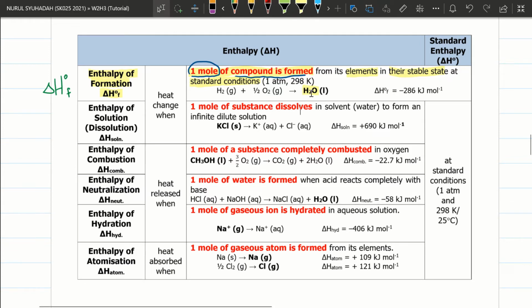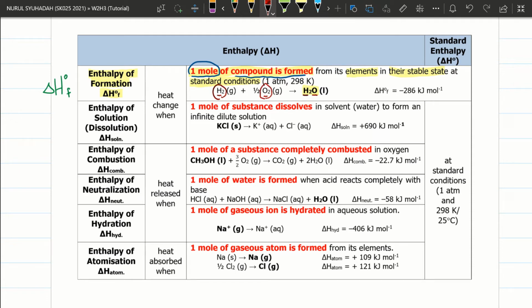H2O is formed from its elements. What are the elements of H2O? Hydrogen and oxygen, in their stable state. What is the most stable state? For hydrogen it is H2 gas and for oxygen it is O2 gas.